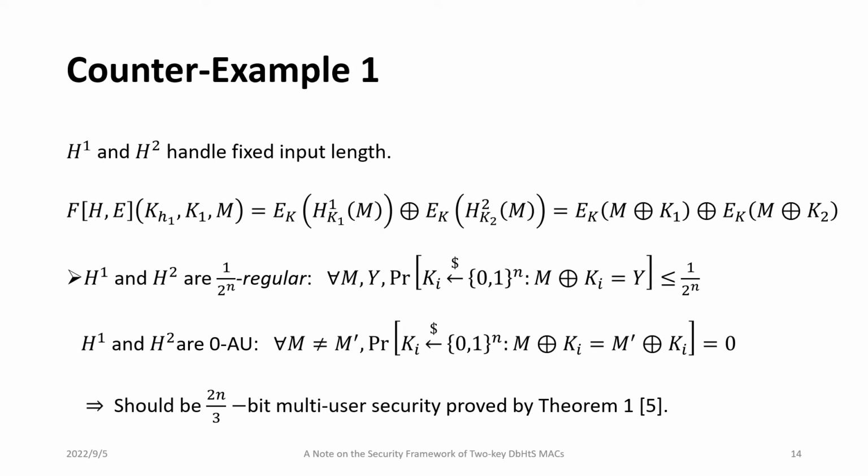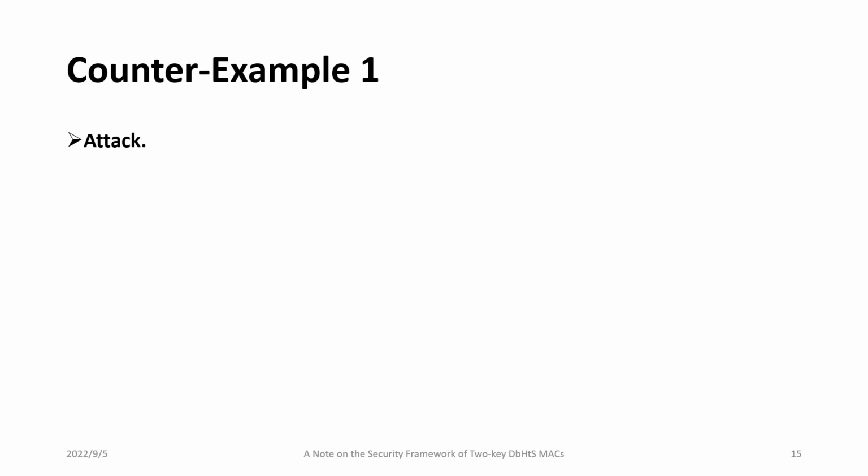Thus, h1 and h2 are 0-AU. So, according to Theorem 1, this example can be proved to be 2n/3-bit multi-user PRF.